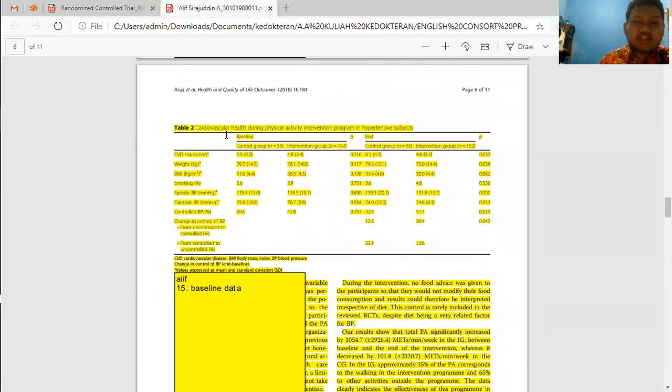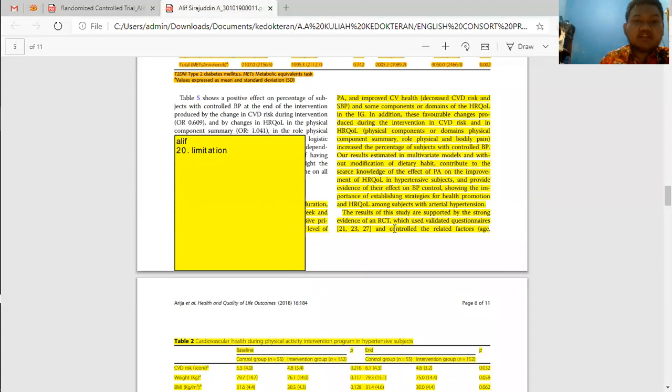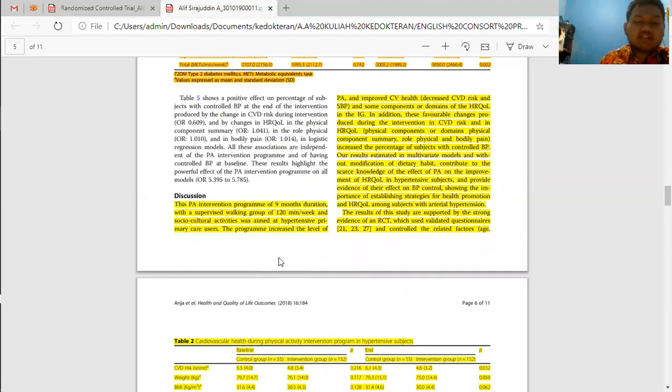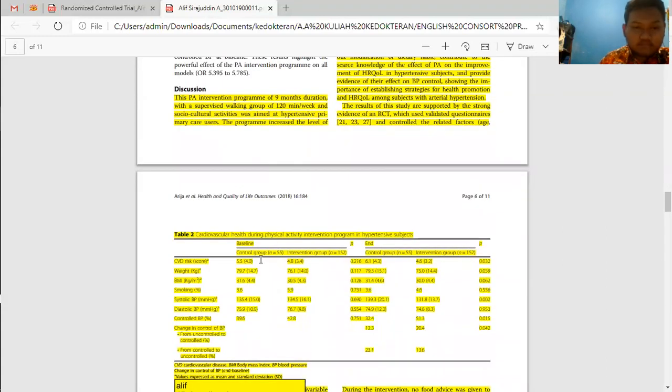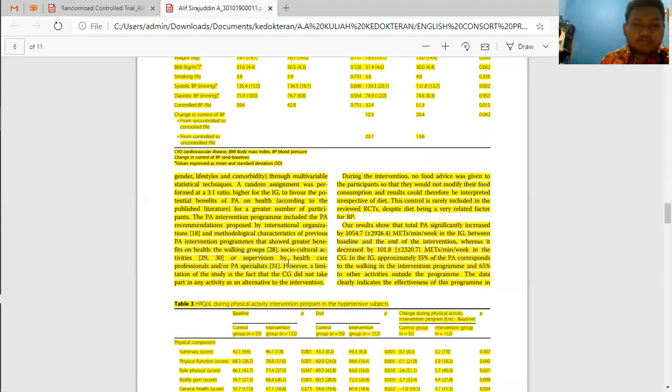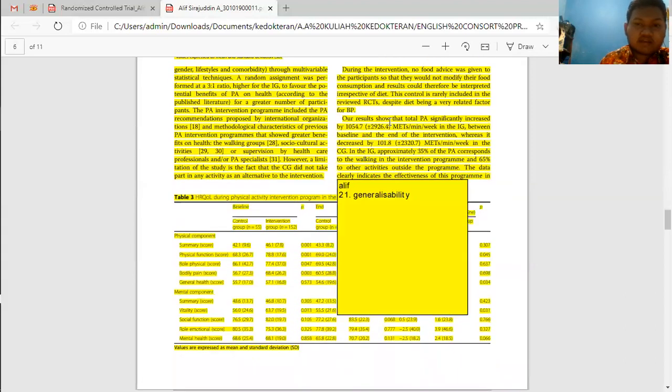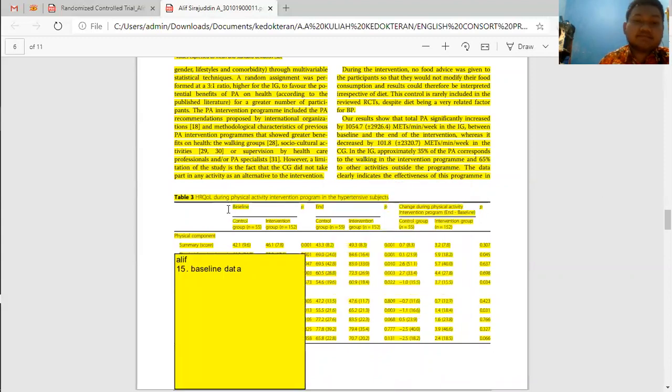And then it's the baseline data again, but it's included in the discussion, as support for the primary outcome. Next, item number 21. This is part of the discussion. It includes external validity and applicability of the trial findings.